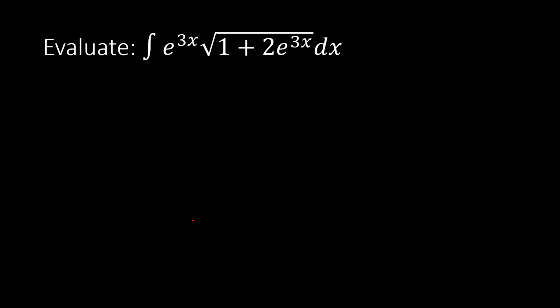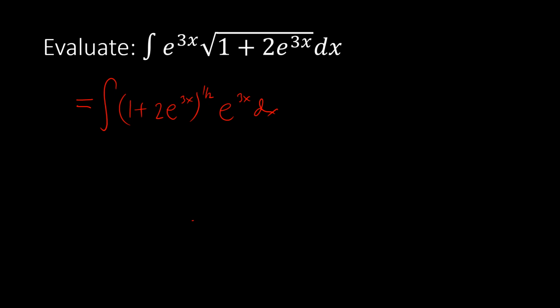Next, the integral of e to the 3x times the square root of 1 plus 2e to the 3x dx. Again, let me rewrite this as (1 plus 2e to the 3x) raised to 1 half times e to the 3x dx.